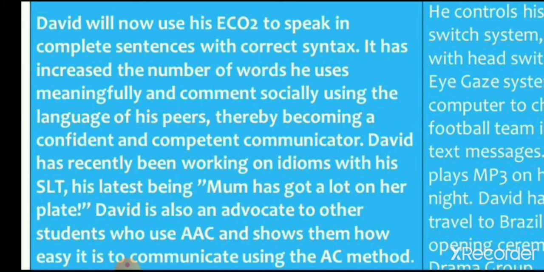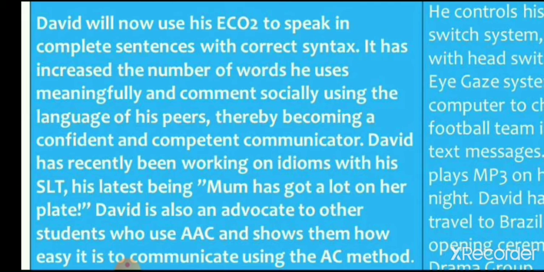David has recently been working on idioms. He worked on idioms with his SLT. What is SLT? Speech Language Therapy. His latest idiom is, Mom has got a lot on her plate. Before telling the meaning of this sentence, I would like to tell you what an idiom is.